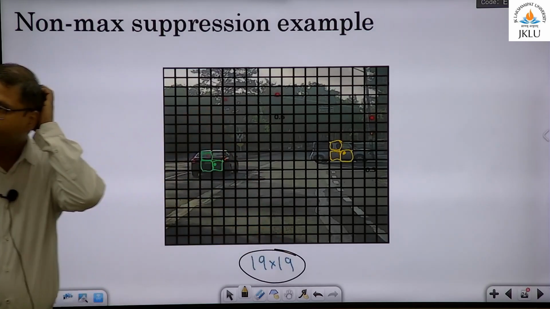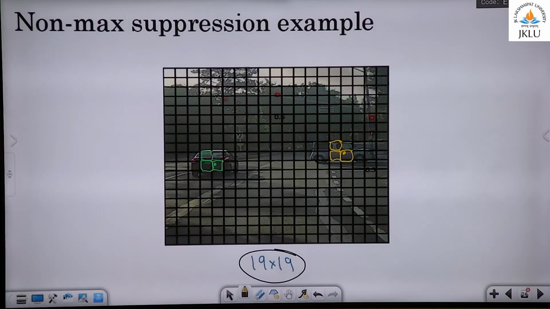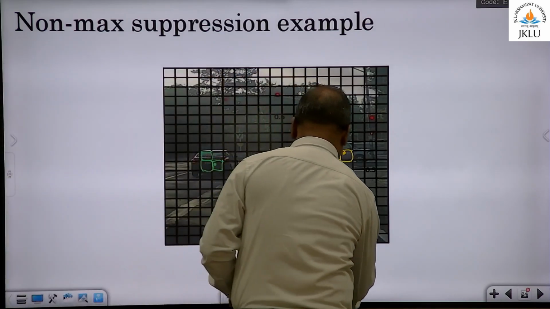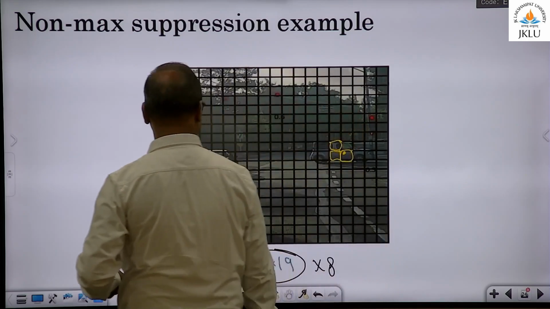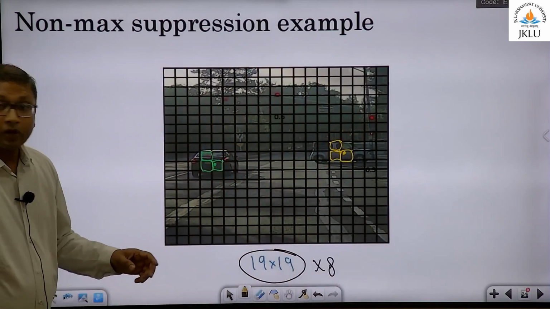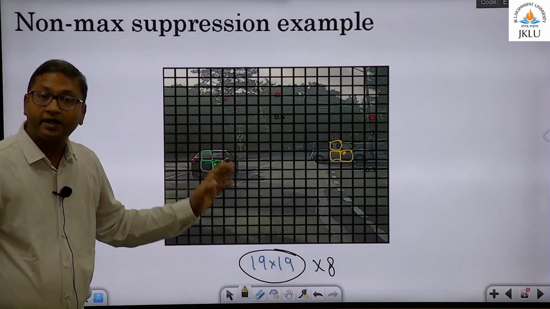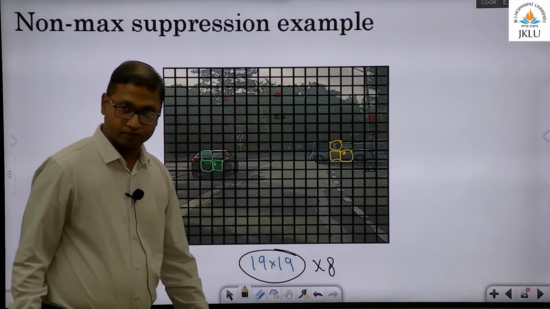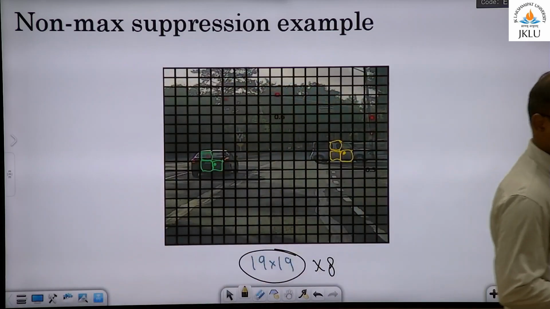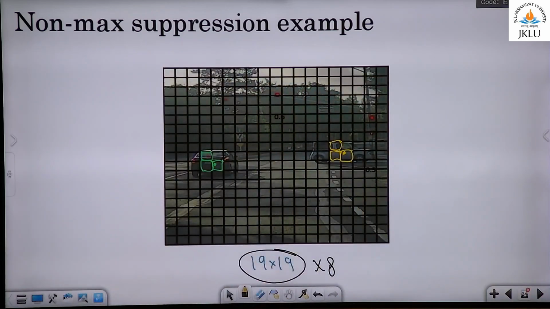I mean the target output. 19 cross 19 cross 8. Okay. So I can make how many bounding boxes just for this particular image? How many bounding boxes for this image? Yes.